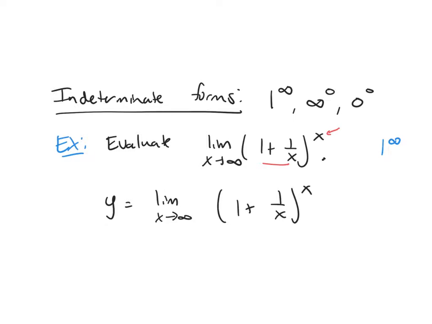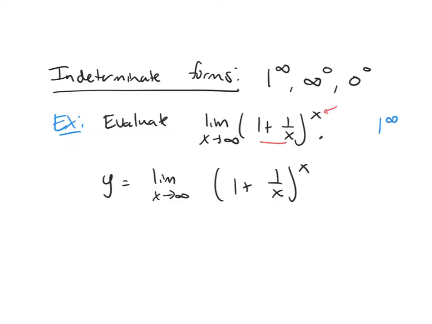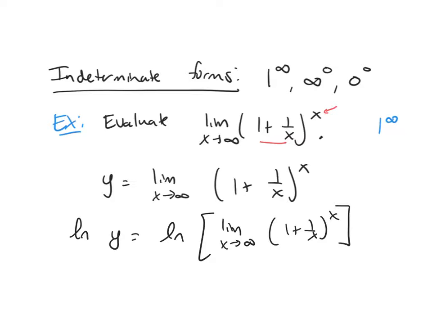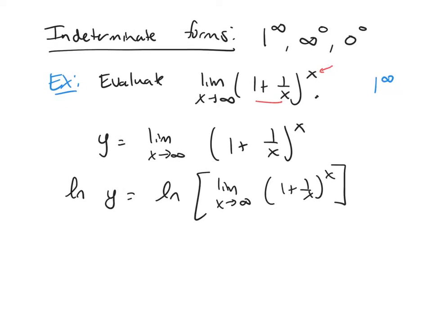And I would really like for that exponent not to be there. One thing I know is that properties of natural logs let me bring exponents down. So I'm going to take the natural log of both sides of this equation. Because the natural log is a continuous function, I can switch the order there.